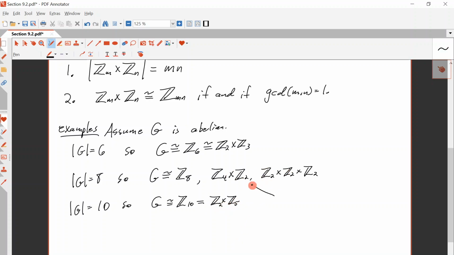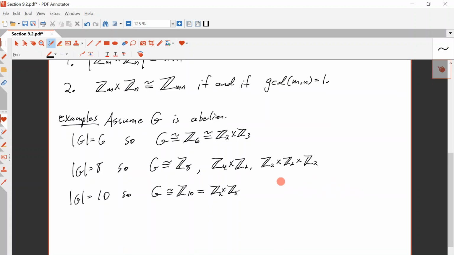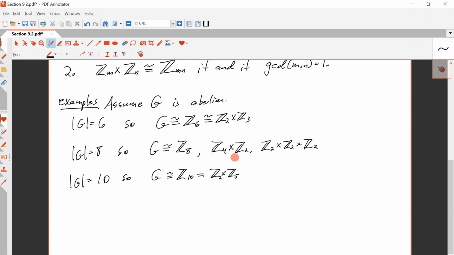Oh yeah, also, by the way, Z2 cross Z4 is certainly isomorphic to Z4 cross Z2. So you don't have to include that sort of thing. Right, Z4 cross Z2 is the same as Z2 cross Z4. It's not the same, but they're isomorphic. So if you're order 10, then this is all you've got.